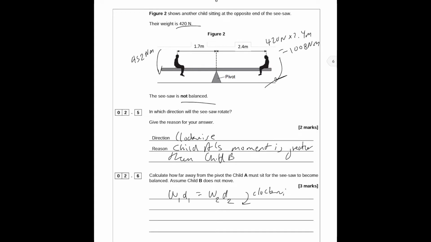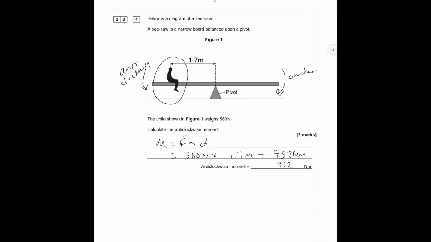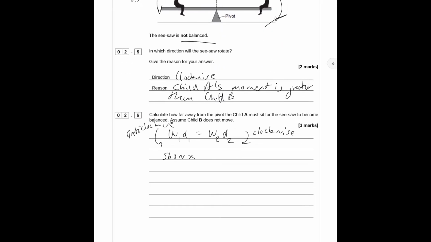This is showing the clockwise rotation, and this is showing the anti-clockwise rotation, okay? So the anti-clockwise would be 560 newtons multiplied by the distance. We know from the question above that this child's weight is 560 newtons, right?